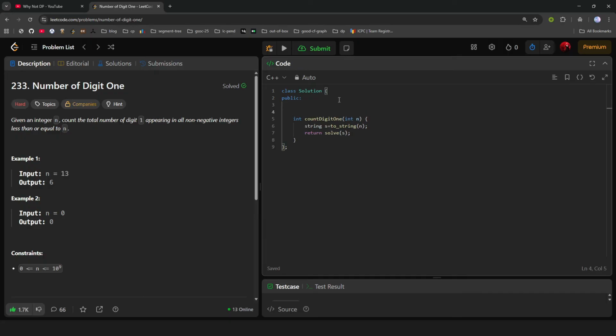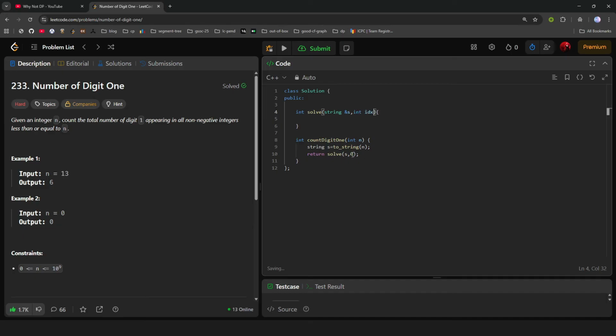Since it will return an integer value, I will write it as int only, and the name of this function is solve, and the first parameter here is this string s. What I told you is that first we will start from the 0th index, so this will be our first state, idx.